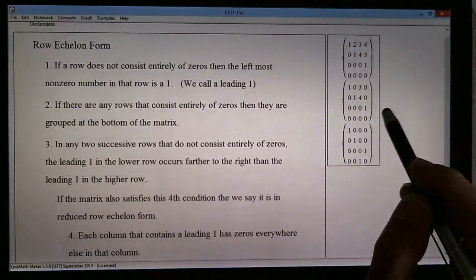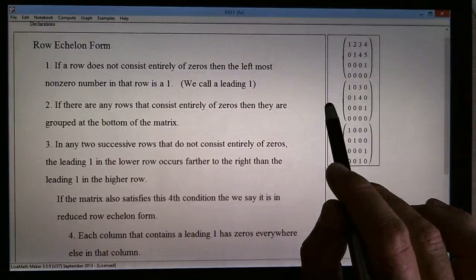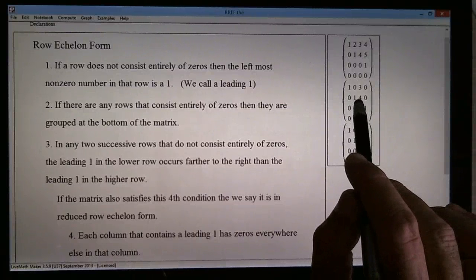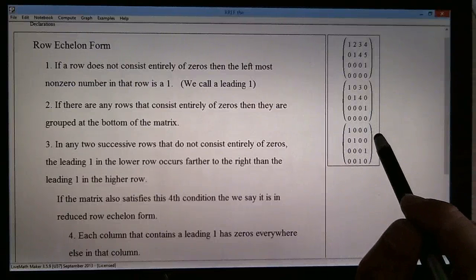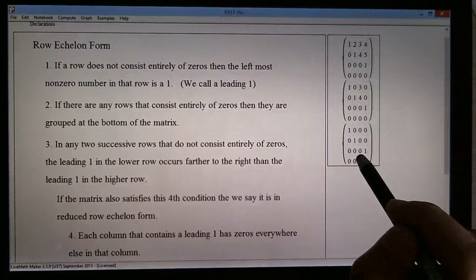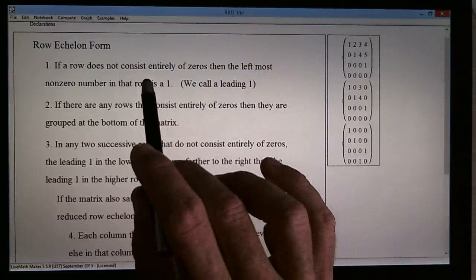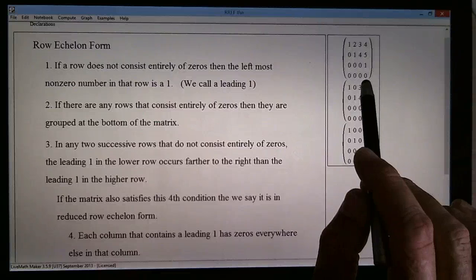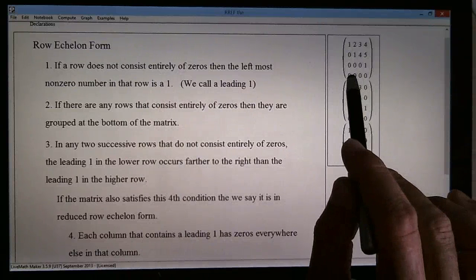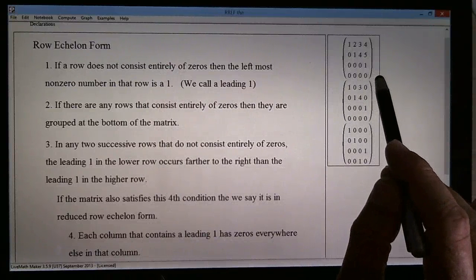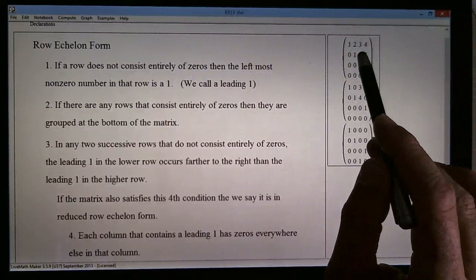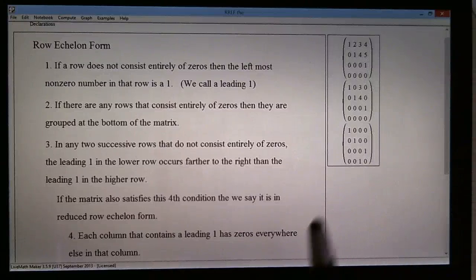Looking at examples over here, the leftmost number is a 0, but it's a 0. So the leftmost non-zero is a 1. Each one of these matrices that I'm showing satisfies condition 1. Each row, if it's not all zeros, like this one right here is all zeros, but that doesn't matter. As long as it has something other than zeros, then the leftmost non-zero thing is a 1.